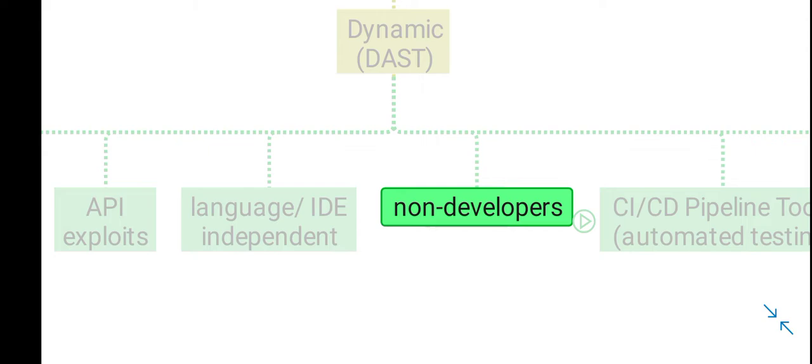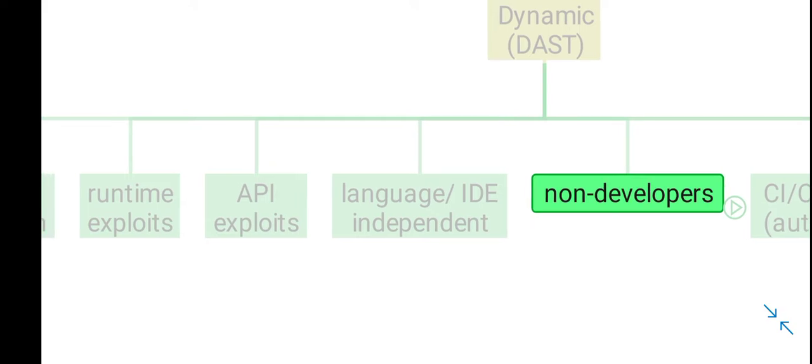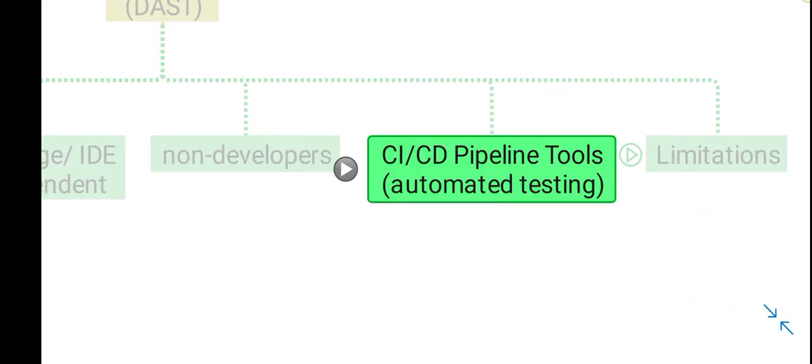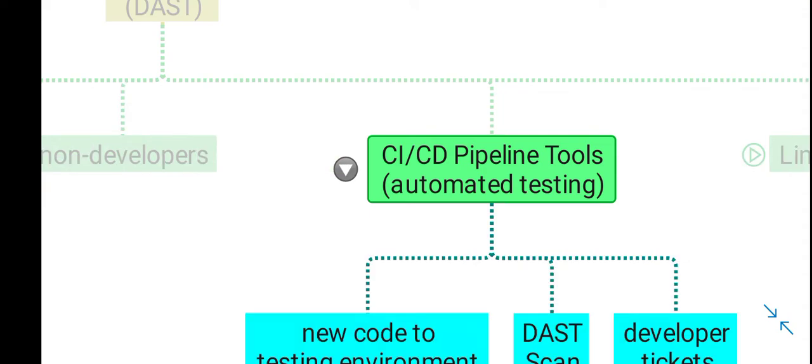Furthermore, it is easy for non-developers to carry out dynamic application security testing. Now, the continuous integration and continuous development pipeline tools can perform this testing in an automated manner.